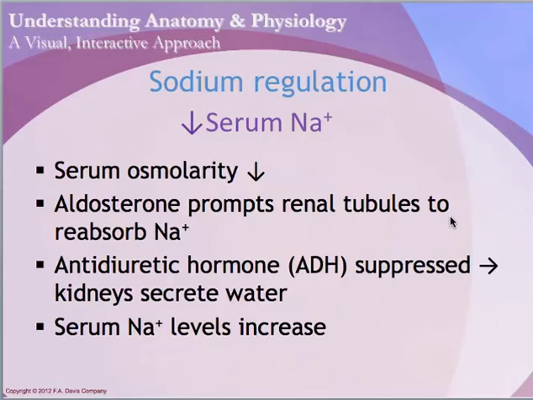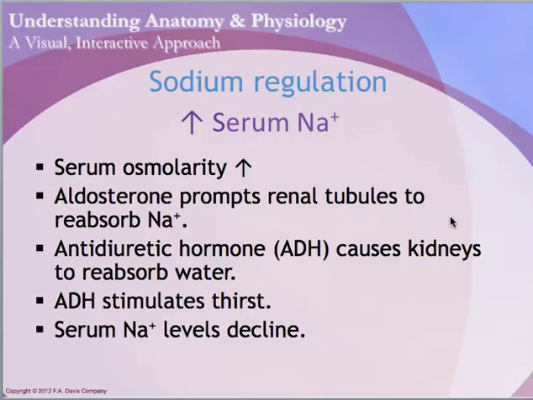So aldosterone and ADH are the main players here that can control the sodium. So this happens when sodium levels drop, or when osmolarity drops. When sodium levels go up or osmolarity goes up, aldosterone prompts the renal tubules to reabsorb.